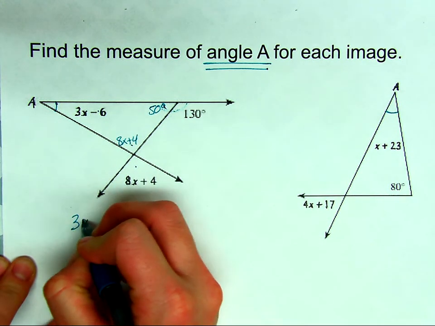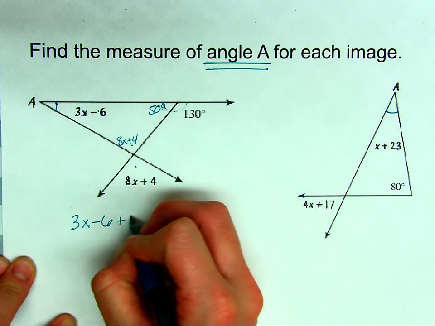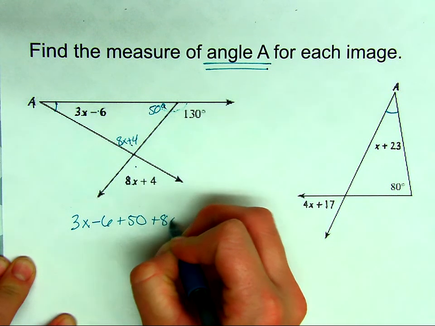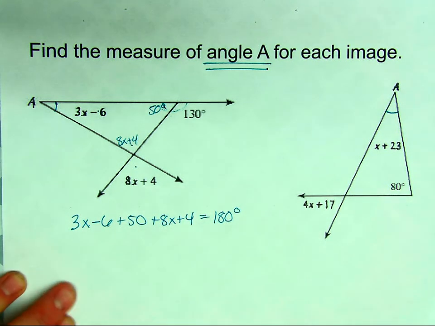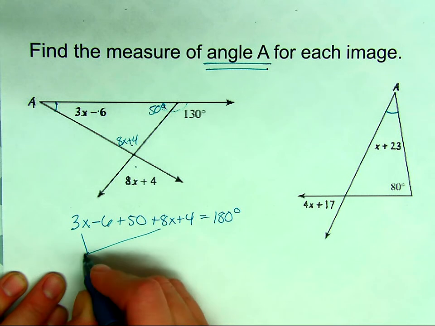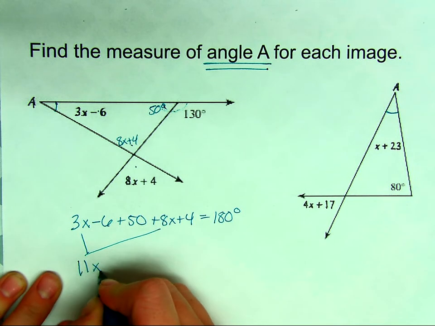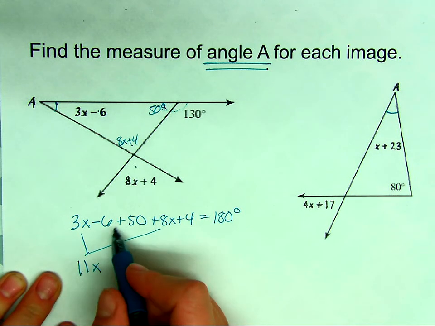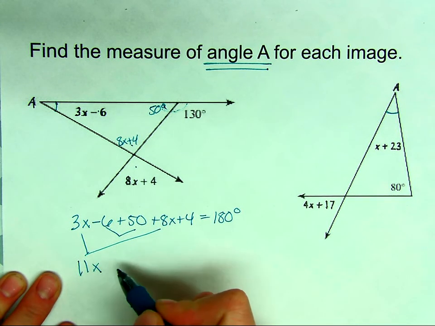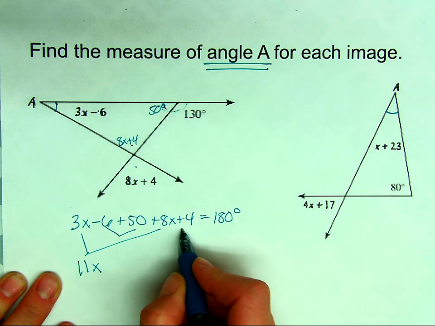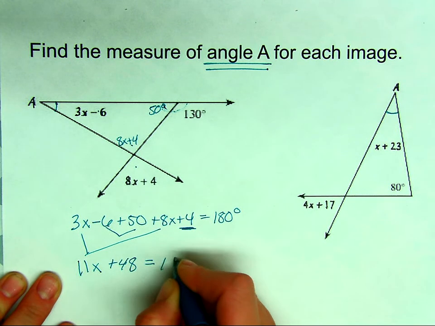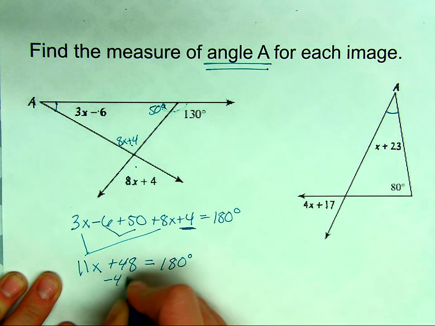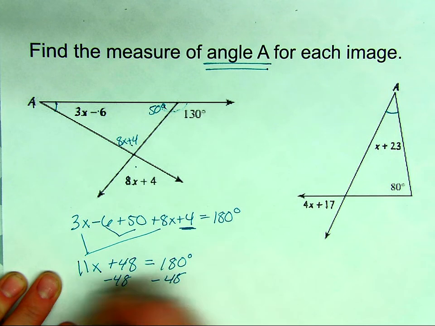So 3x minus 6 plus 50 plus 8x plus 4 all make 180 degrees. So I've got 11x. Okay, subtract 6 from 50 gives me 44, plus 4 more make 48. So I'm going to subtract 48.